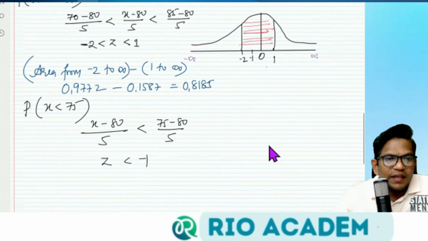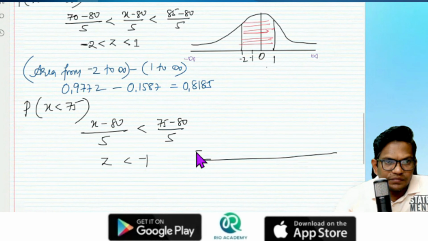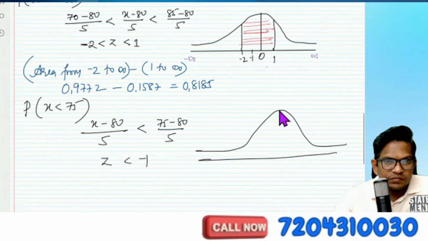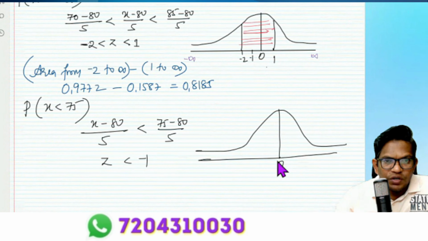The very important part is that this is 0, so this side is minus, right?